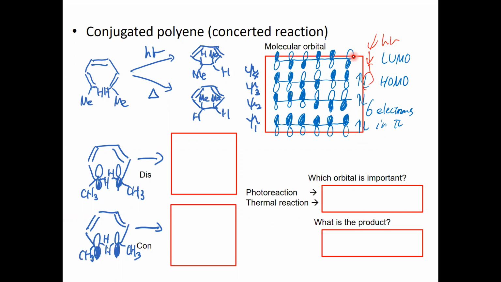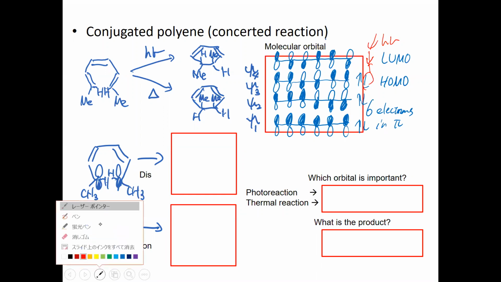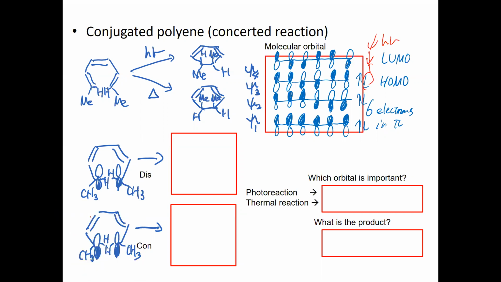For example, here, in this case, it's going to close by rotating opposite for each of the carbons, each of the pi orbitals.